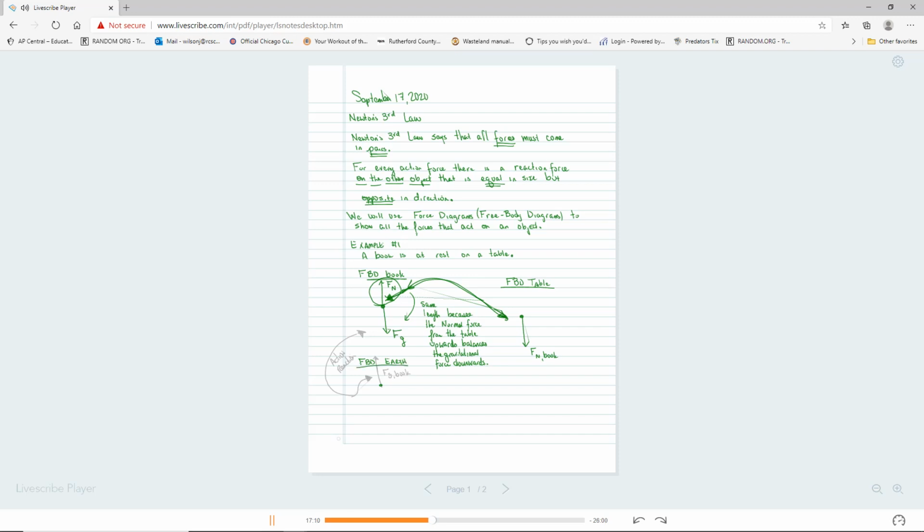So now this force has a matching force upward, and actually it's going to need to be 3. Here's your action-reaction pair for that. So this is a force from the gravity from the book.